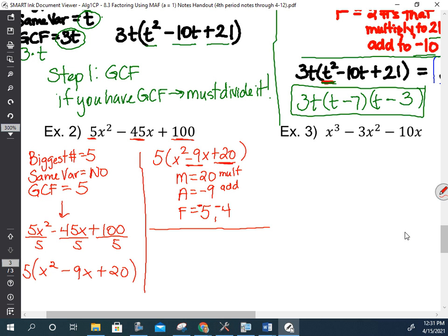Now we can write our answer. Go back to where we left off. Open up two parentheses. So x squared becomes x and x. Negative 5 and negative 4.